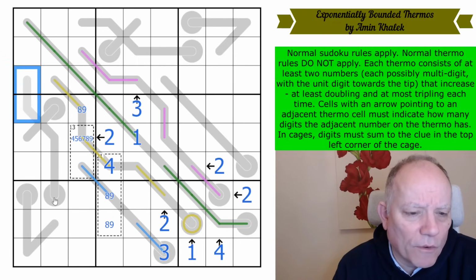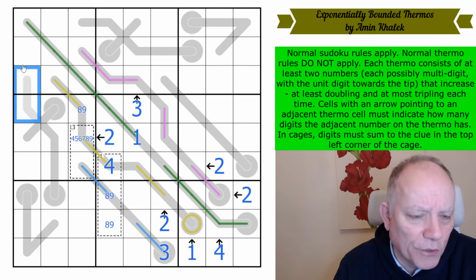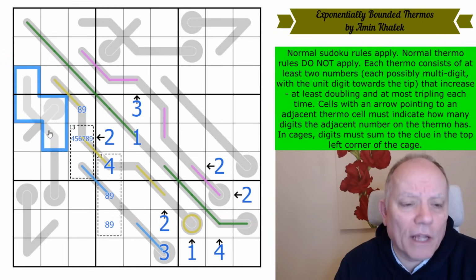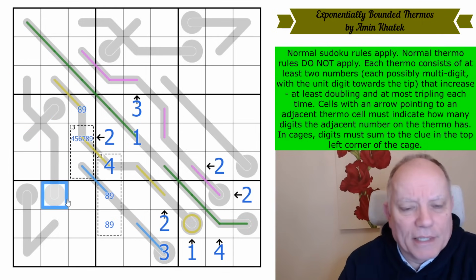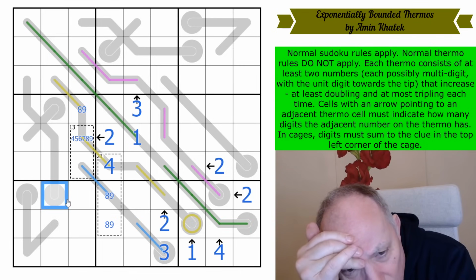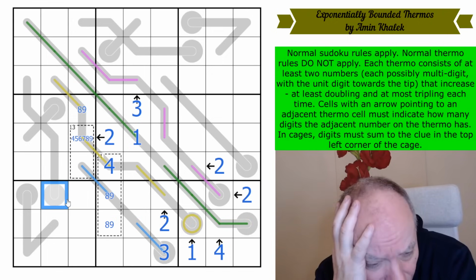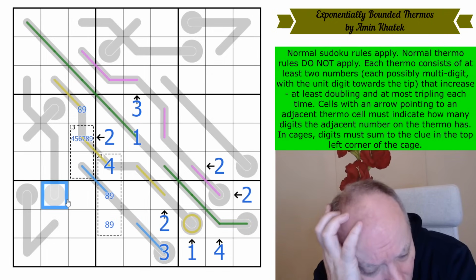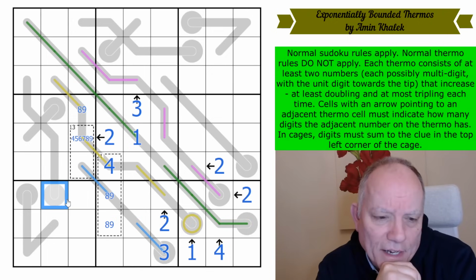It could go 1, 2, 2. Or it could go 2, 3. Okay, those seem to be the only possibilities in lengths. Are any of those 3 constrained here?